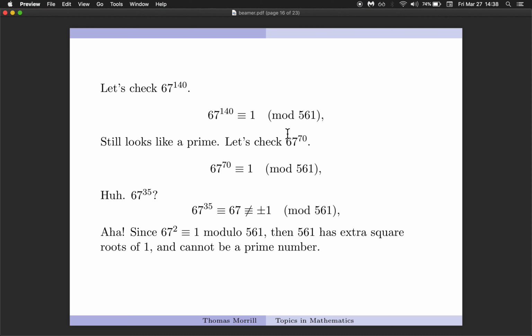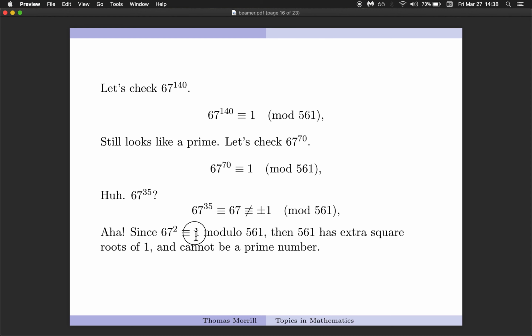Let's keep going. 67 to the power 70 is still 1 mod 561, still an even exponent. So we're going to go one more time and try 67 to the power 35. And I'll tell you that 67 to the power 35 is congruent to 67 mod 561.